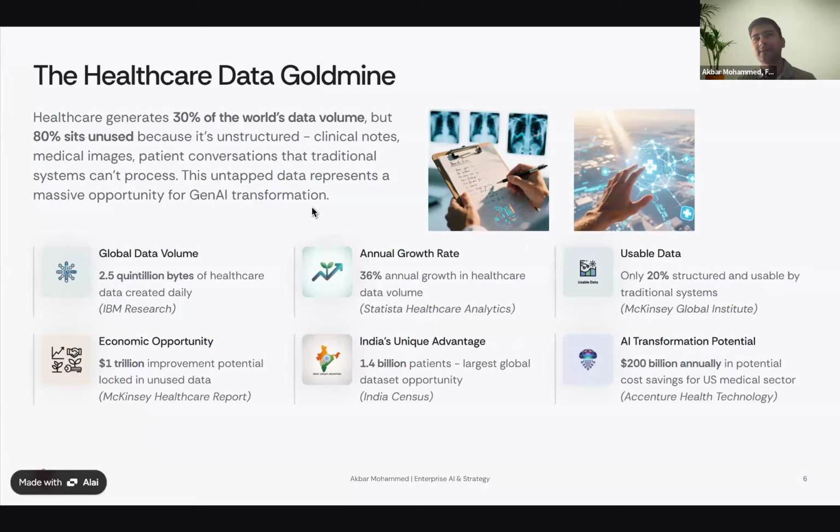Something as simple as emergency or ER visits. I'm going to use the US as an example. ER visits are extremely expensive, not just for the insurance companies, but also for the medical facilities. You need to have trained staff. You need to have equipment. You need to be available 24/7.